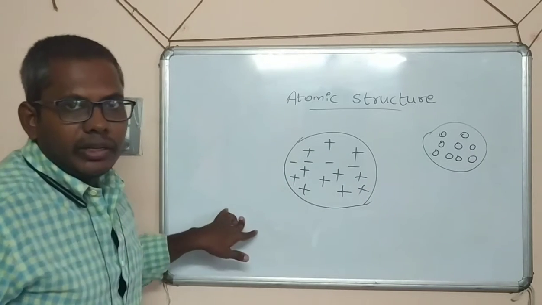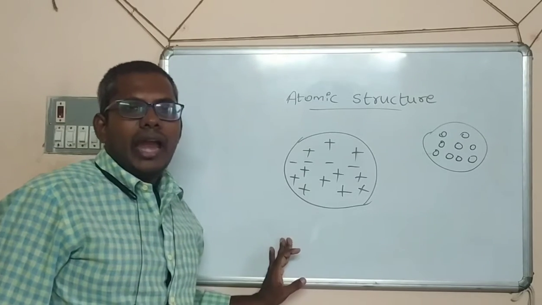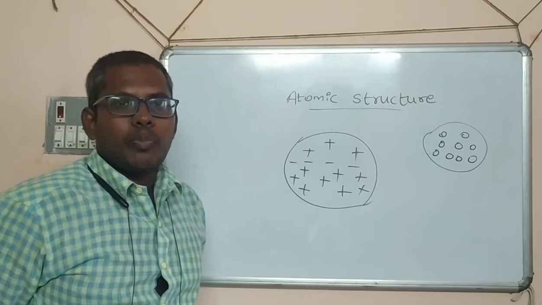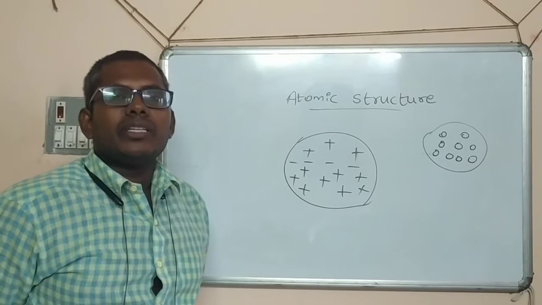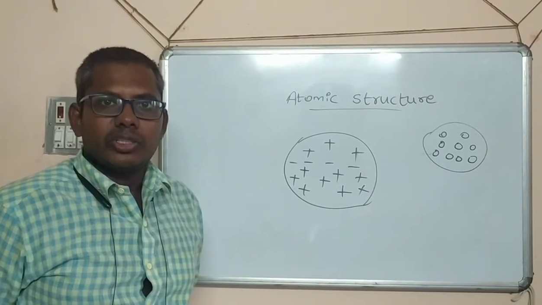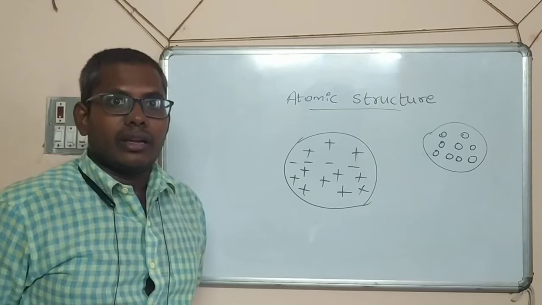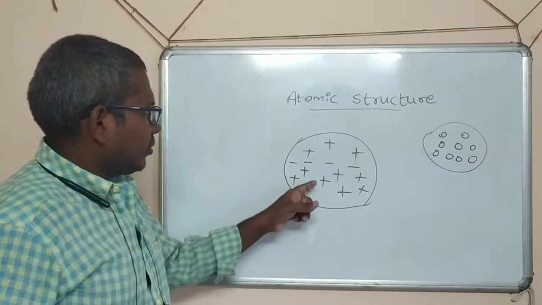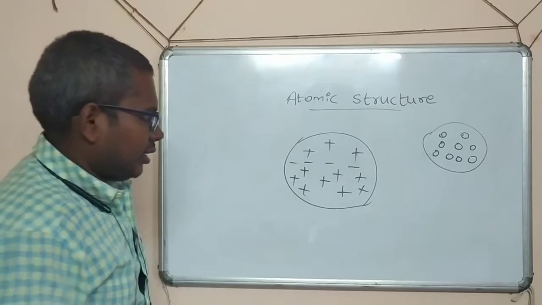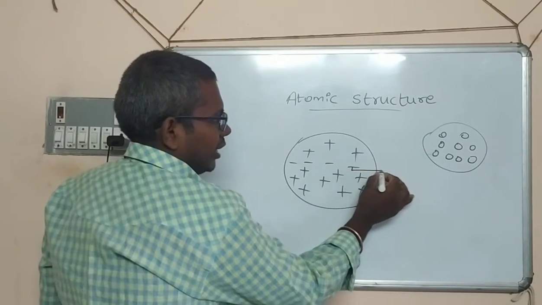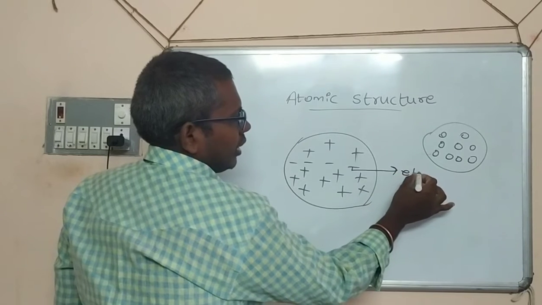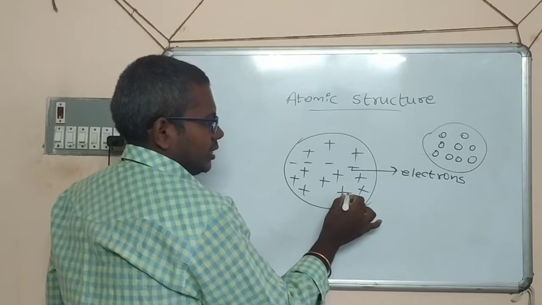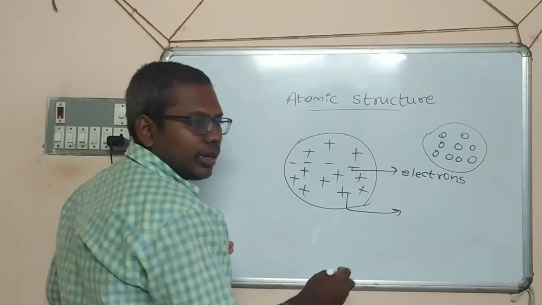He said the first point is that the atom is a hard solid sphere that is positively charged. He said that the atom is a positively charged solid sphere that is very, very hard. That is the first point. Second point, he said that, as I said already, electrons have negative charge and protons have positive charge.